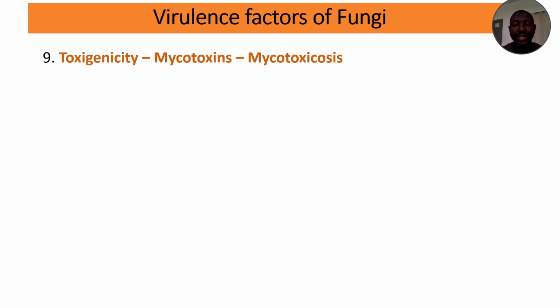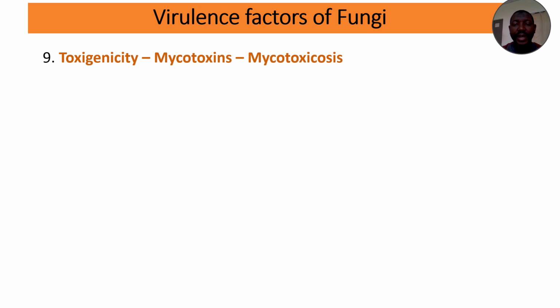So they are associated with several outbreaks of foodborne intoxications. They are very potent, in such a way that a very small amount of mycotoxin can cause the death of a large number of animals. And in addition, most mycotoxins are highly carcinogenic.